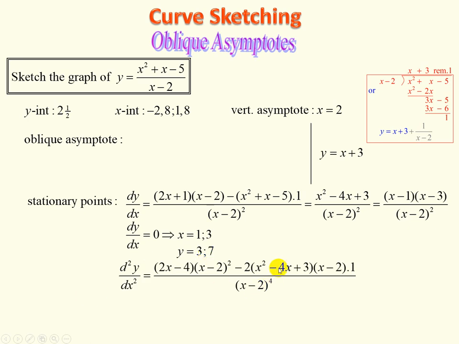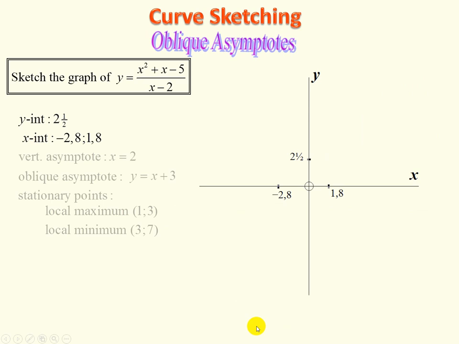Second derivative: if you substitute x equals 1, we're going to get a negative, and if we substitute 3, we're going to get a positive, which means a local minimum.